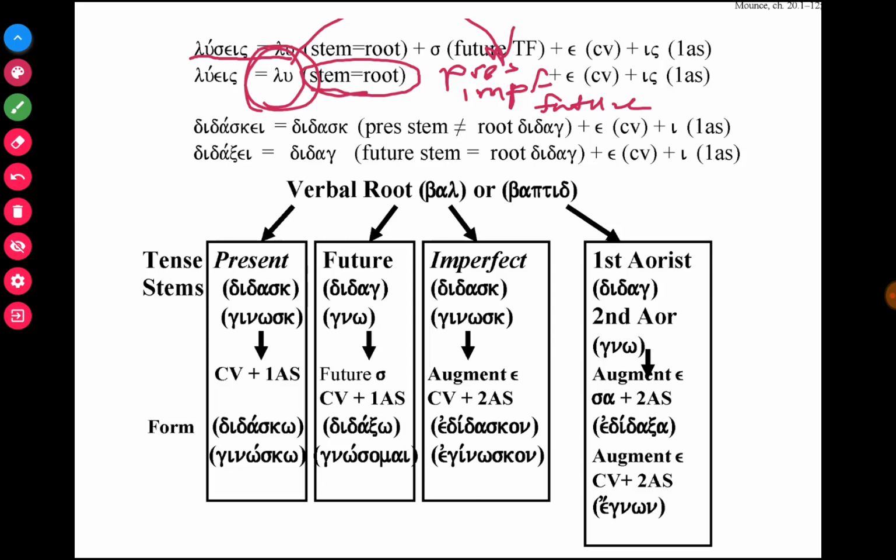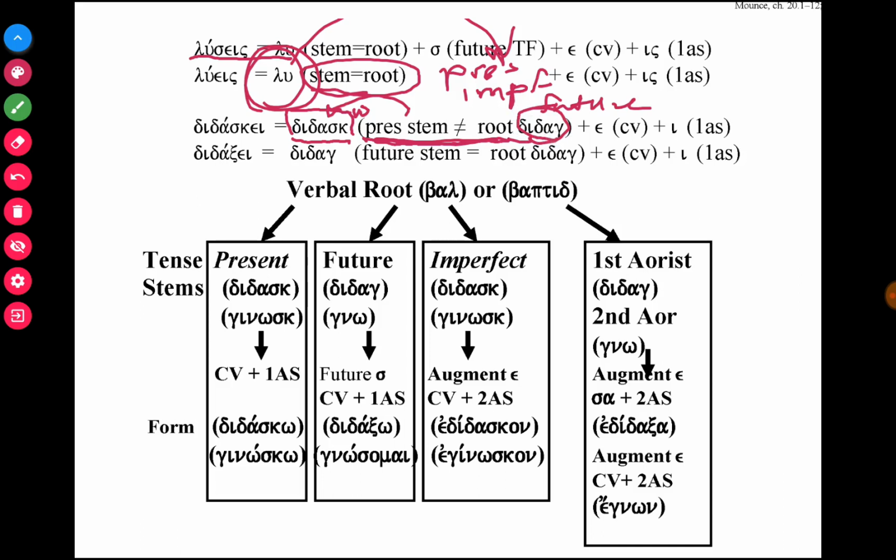But what happens when the present tense stem does not equal the verbal root? They're different. So for example, with the word didasko, if I add omega here, where the stem is didask, this present tense stem or lexical form is different from the verbal root didag.